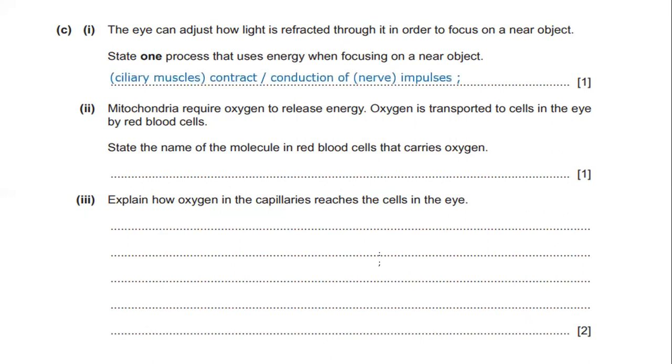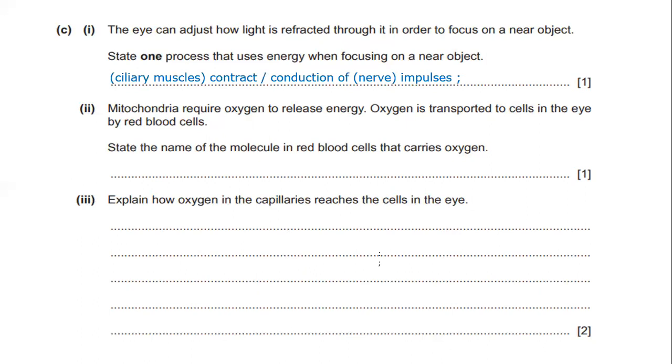The answer could be either. Either you specify ciliary muscles contract. Contracts means the suspensory ligament is loosened. Okay, so either one of these answers will be accepted as 1 mark.